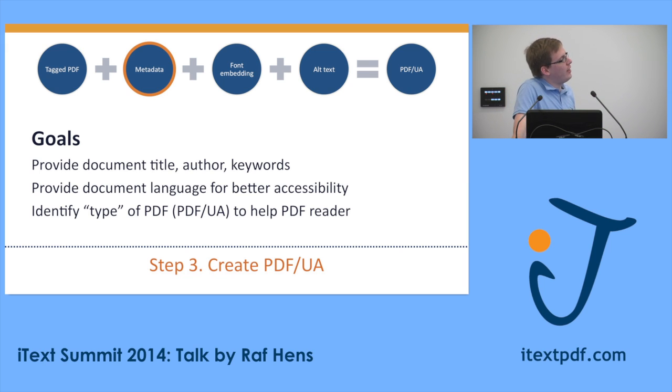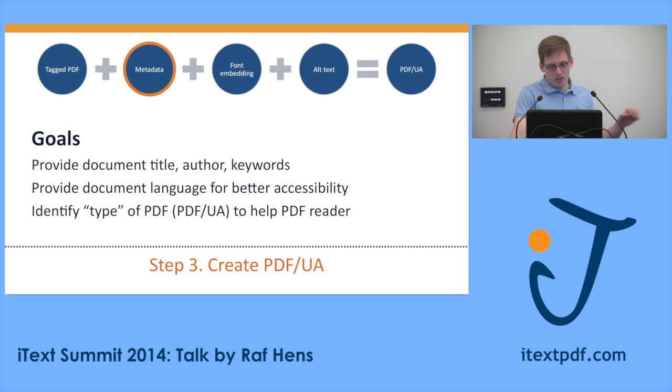We also have to add which language the document is written in. Of course, if a screen reader has to read out loud a document, it's a lot easier for this technology if it knows what language it needs to read the text in. If a screen reader intended for English language needs to read a German document with some kind of English accent, then it won't be very accessible.